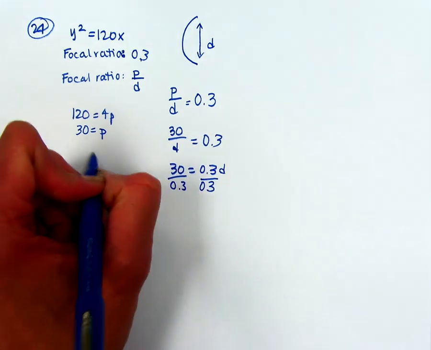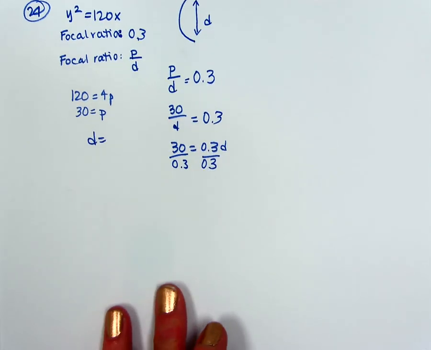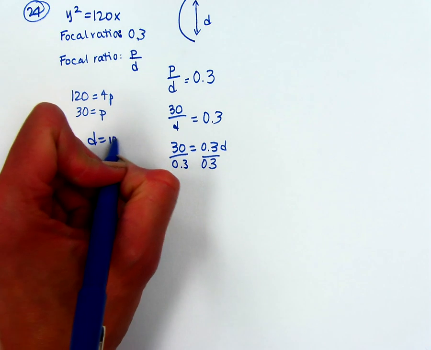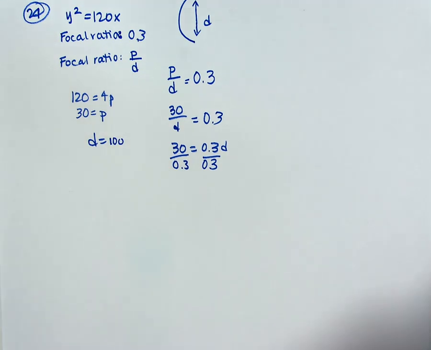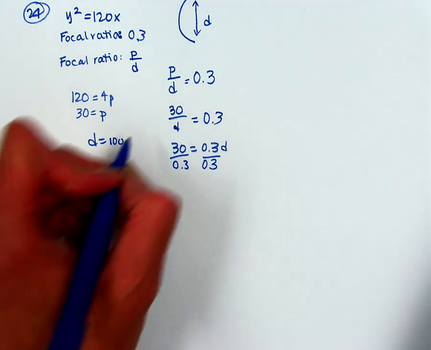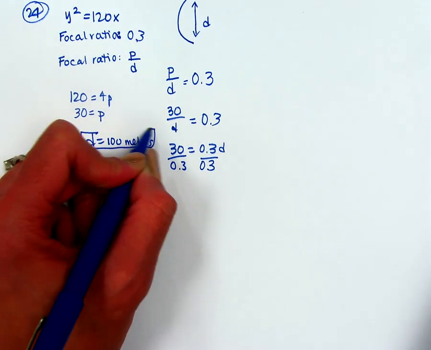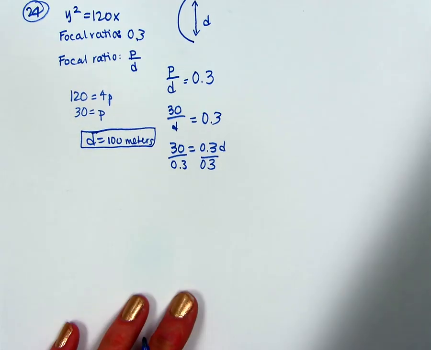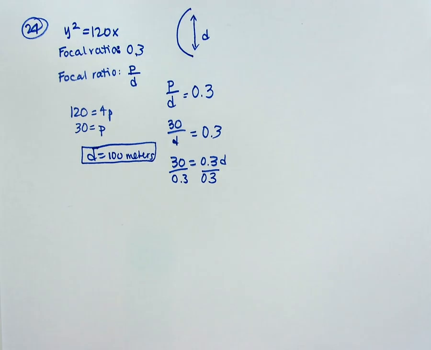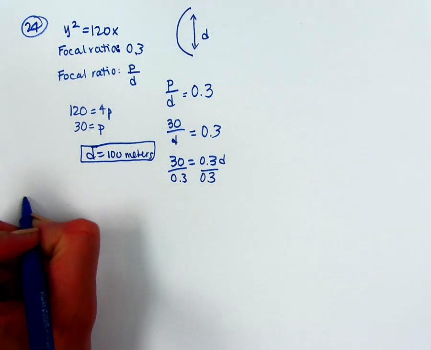So I get D to be equal to 100. And it said that the units in this problem are in meters, so this must be 100 meters. So that's how large this telescope is, which is pretty large. Right? All right, number 25.